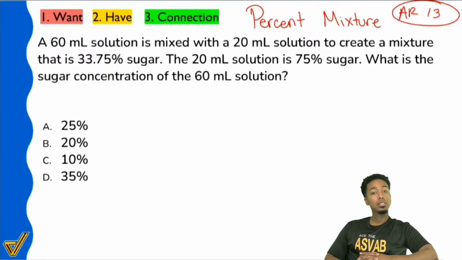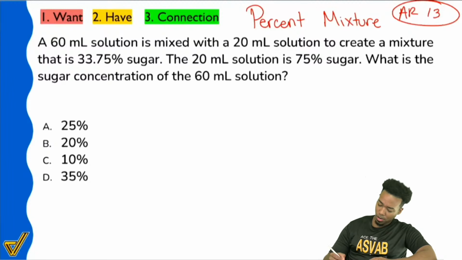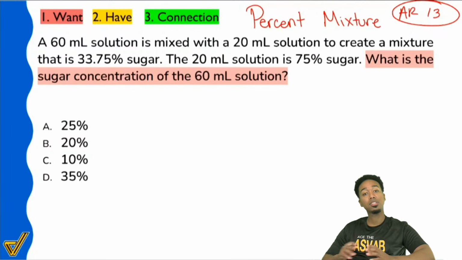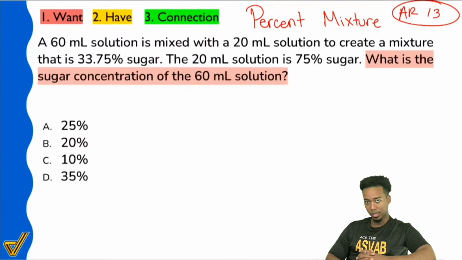Now let's see if that's the same for this one. What is the sugar concentration of the 60 milliliter solution? Is the 60 milliliter solution the total mixture? No, it's not. This is one of the parts.